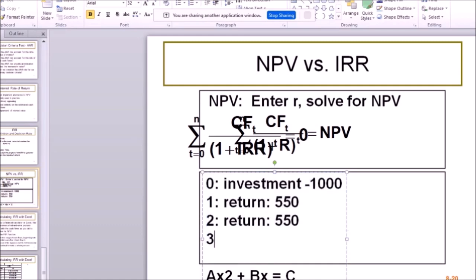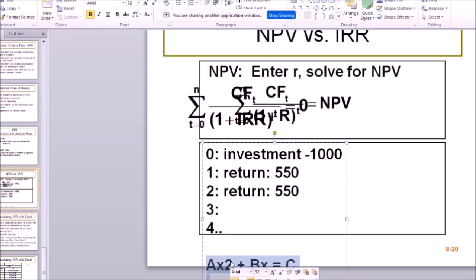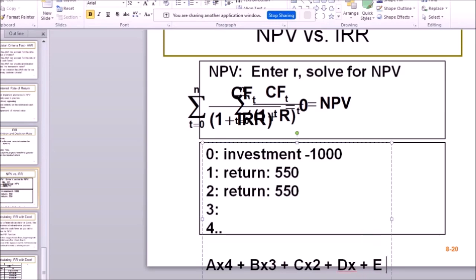But with a 3-year investment, a 4-year investment, or even a longer-term investment, it turns difficult really fast. Even a 4-year investment, which is not much longer than a 2-year one, turns into a much more difficult calculation, with terms like cx to the power of 2 plus bcdx to the power of 1 plus abcde equals 0.